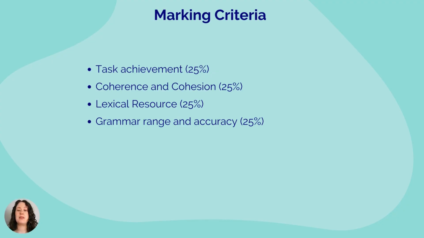I suggest completing a few practice essay questions and trying to identify your weakest area so that you can focus on working on that area. Remember to check out the other videos in this series for more in-depth information on the marking criteria.